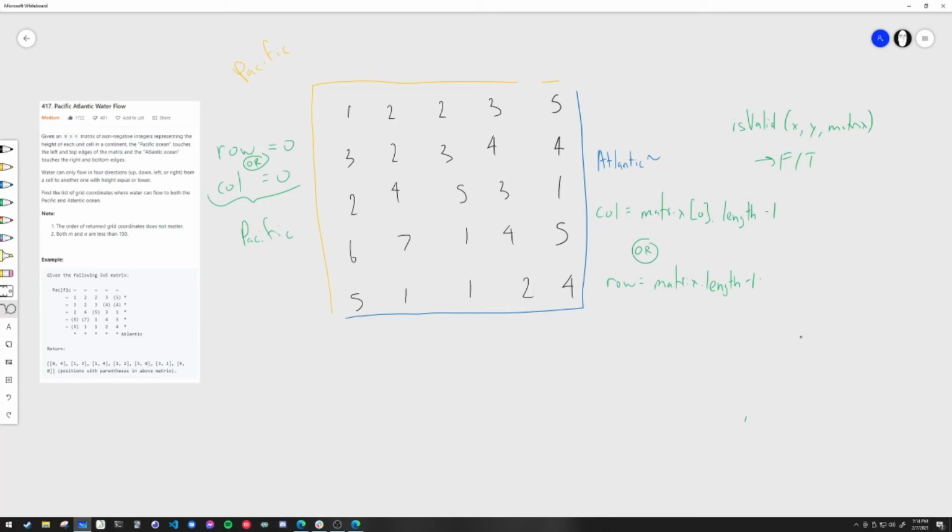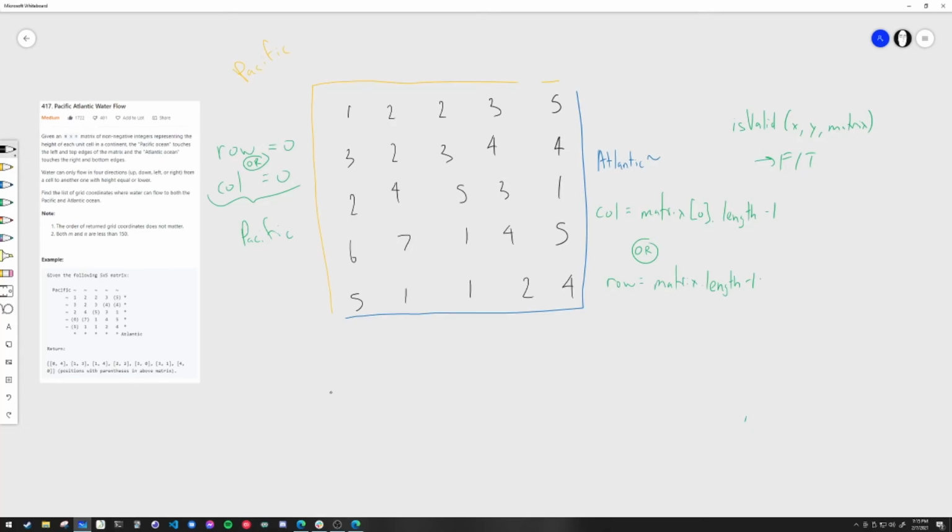right now, the approach we're going with is we start at a height and only traverse with depth first search, going left, right, down, and up, if we're in bounds and if the next height is equal to or smaller than our current height. I'll write that out to make it easier.